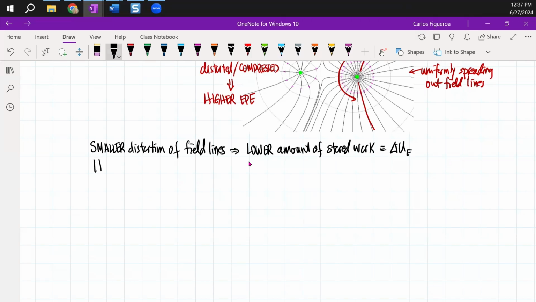Or I can have a higher distortion of the field lines, which then gives me a larger amount of stored work.